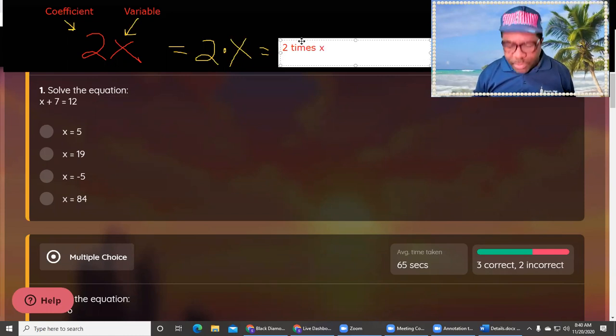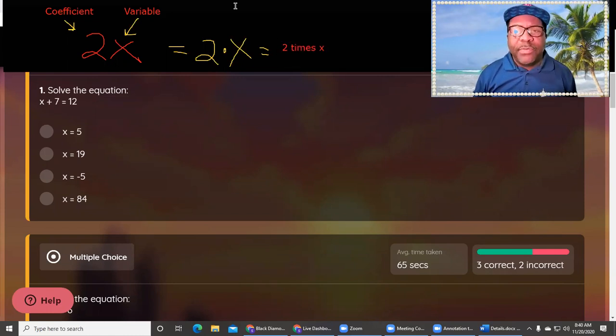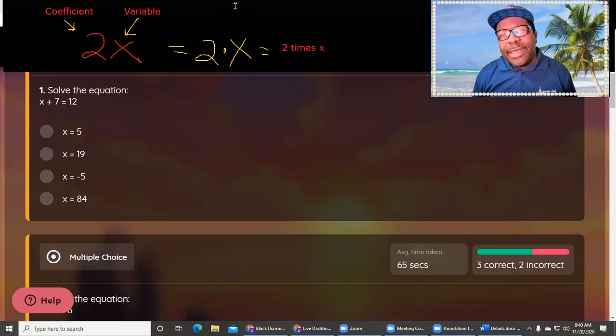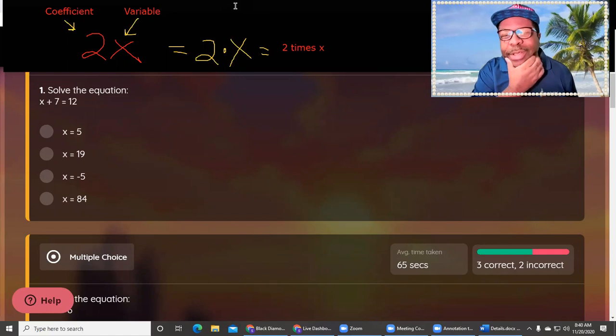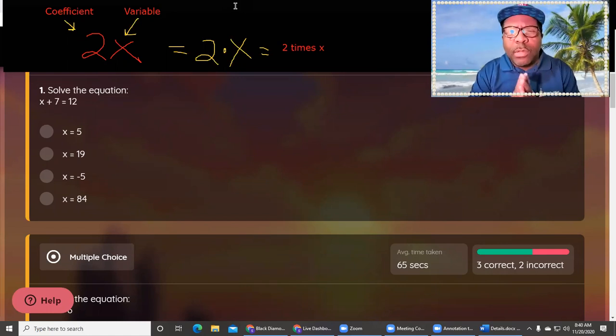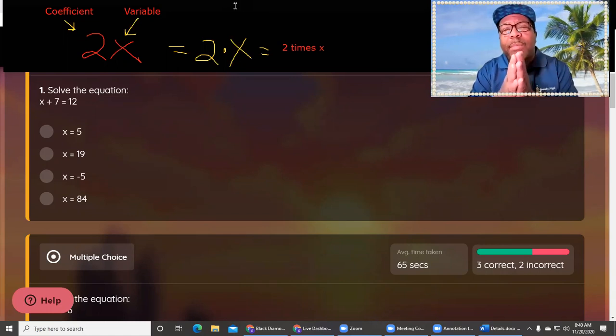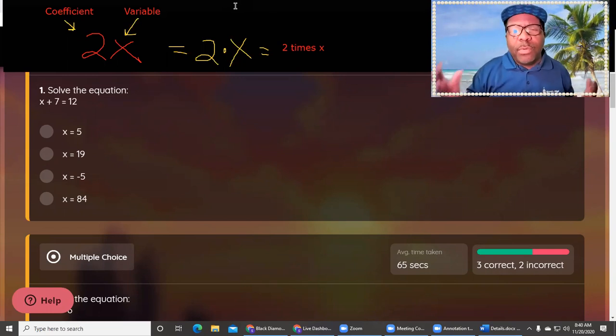Now, we use the letter x because we don't know what x stands for right now. X could be 3, x could be 15. Let me give you an example. We know it's going to be 2 people, but we don't know how much the movie's going to cost. We're trying to budget for a movie.